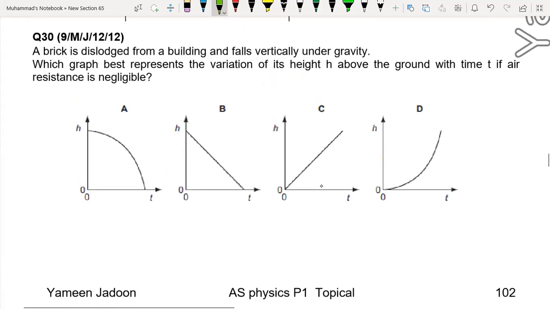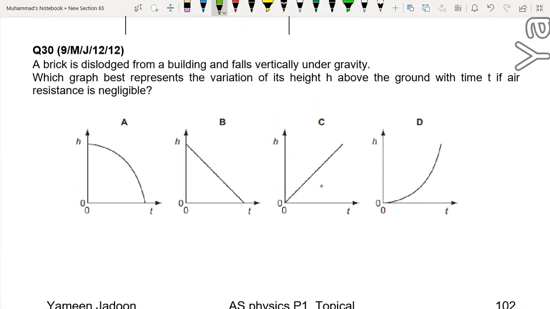That's true. A brick is dislodged from a building and it falls vertically under gravity. Which graph best represents the variation of height h above the ground with time t if air resistance is negligible? If air resistance is negligible, then the acceleration should be constant.